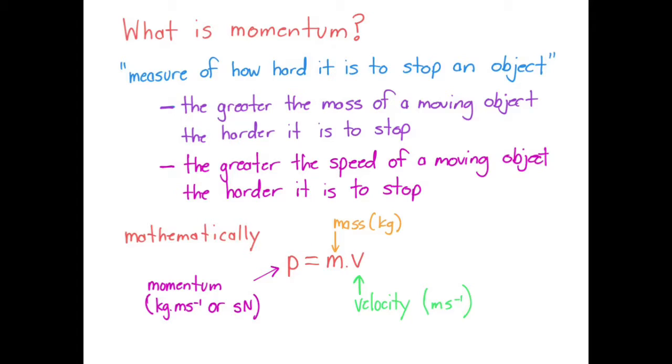So momentum is equal to mass multiplied by velocity. Obviously our velocity needs to be in our standard units of meters per second and our mass in our standard units of kilograms. So this is how we calculate momentum. Obviously the greater the mass, the greater the momentum, the greater the velocity, the greater the momentum. But I think the picture in our head of what momentum is best described by what we've got up here at the top of this.